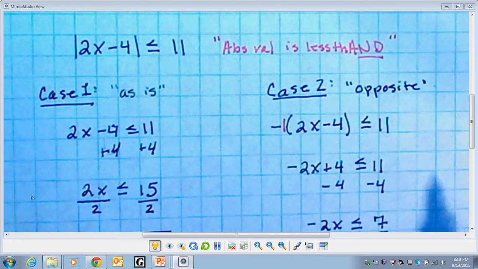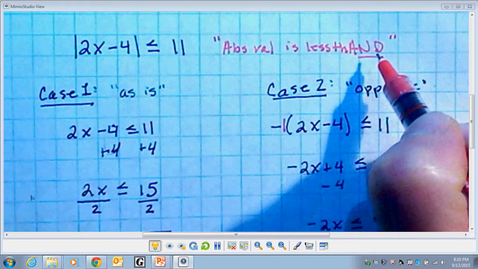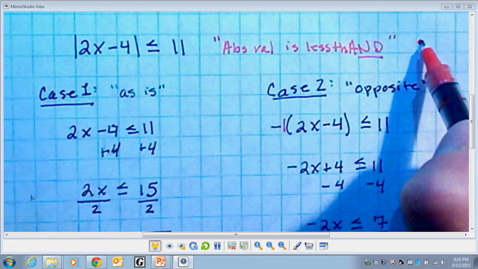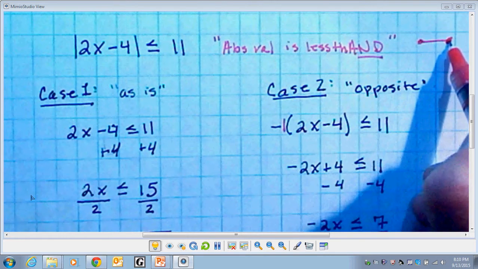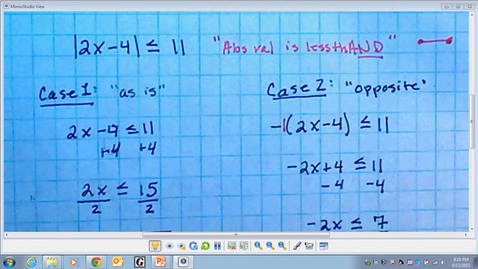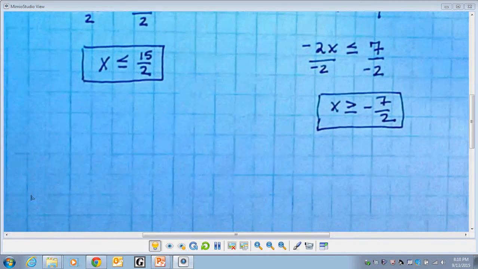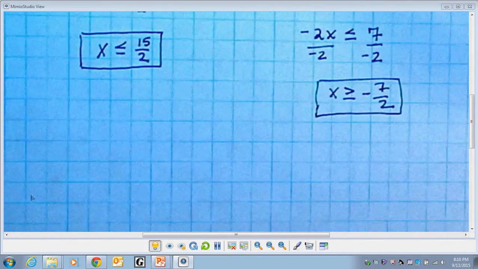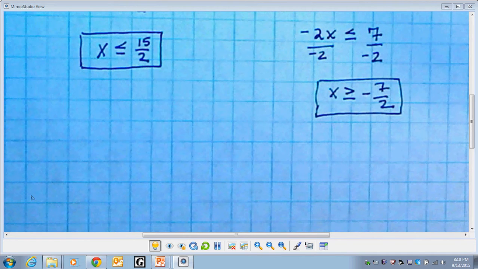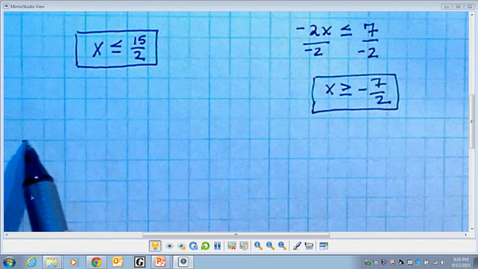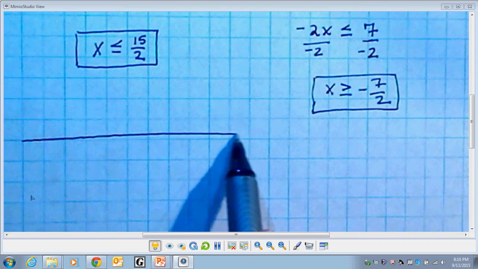Just keep it simple. That means this is an and. That means when I graph it, I should have something that looks together. Let's see if that's in fact what I get. So instead of just blindly going ahead, we're going to graph it the way we have before, and look at what they share.